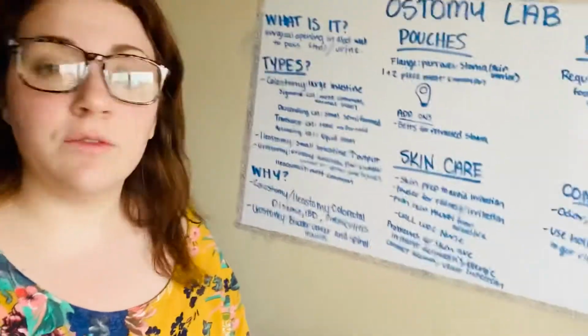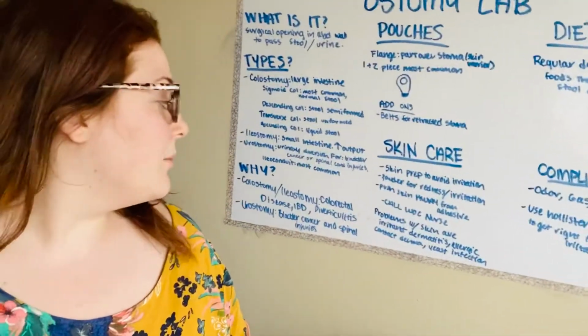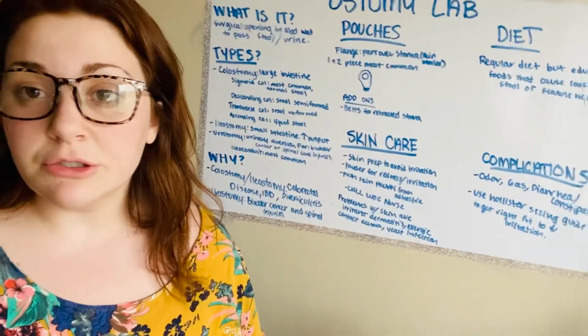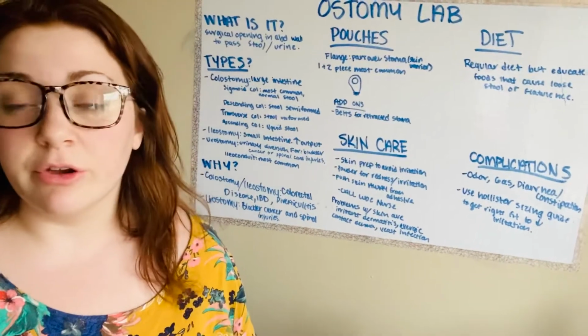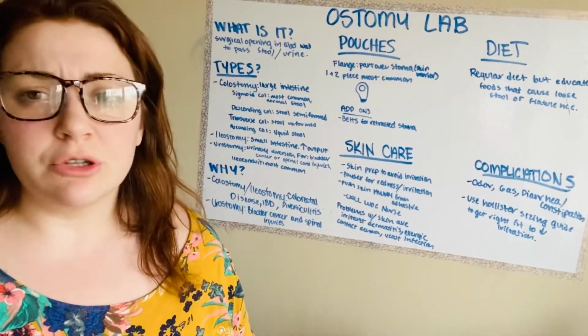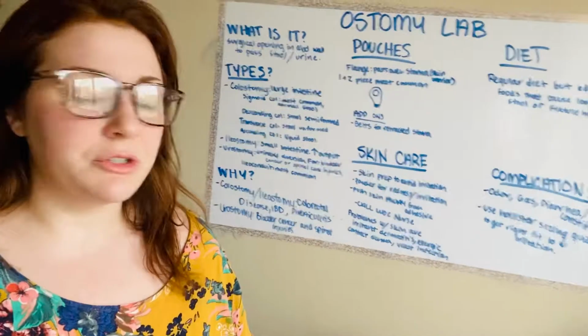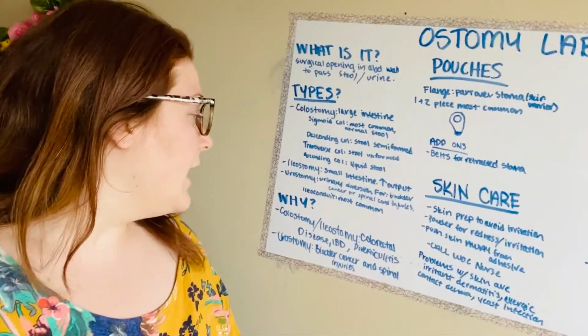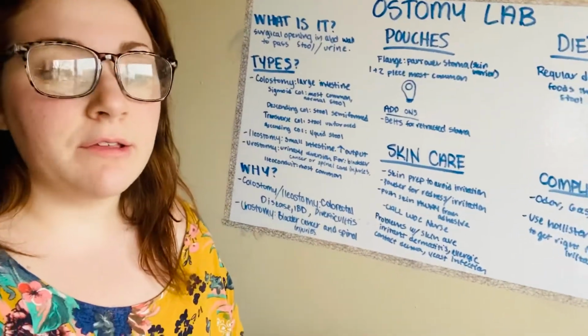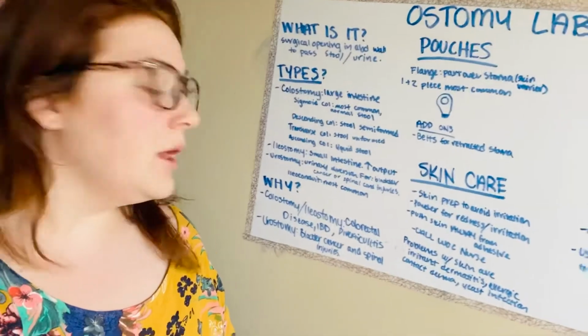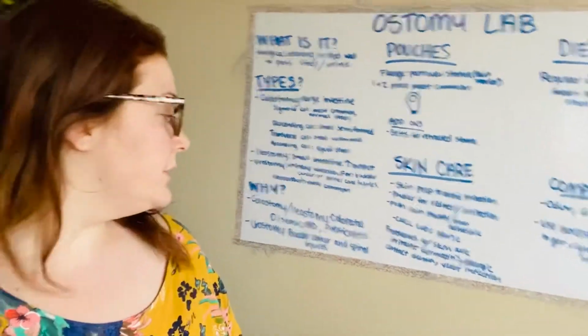That is for patients that have bladder cancer or spinal cord injuries, because if you think about it, they can't use their urinary pouch, so they have to make that diversion for those kind of patients. And the most common type of urostomy is an ileoconduit, just something to know.